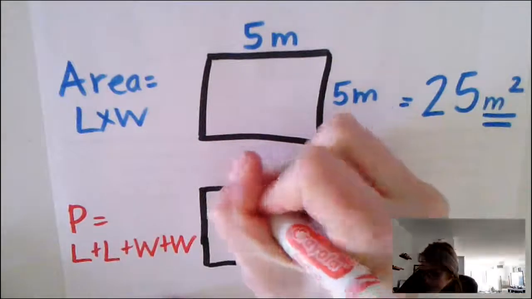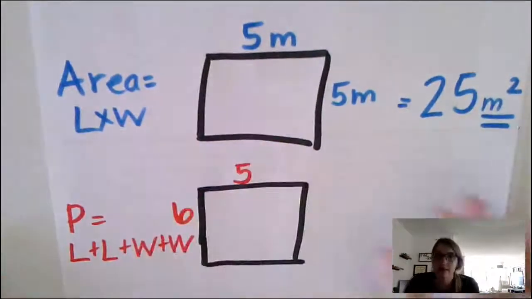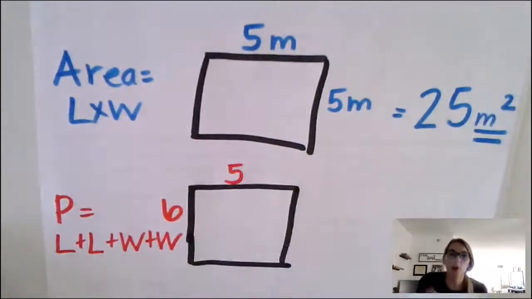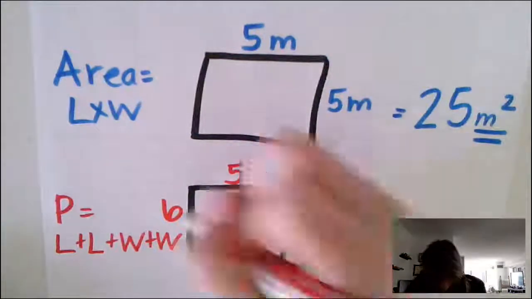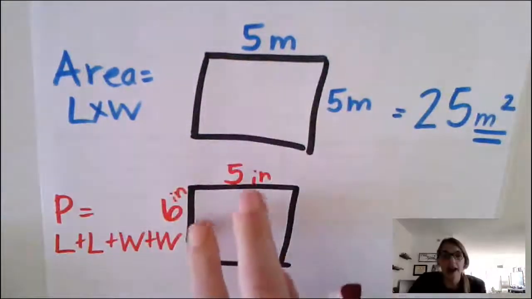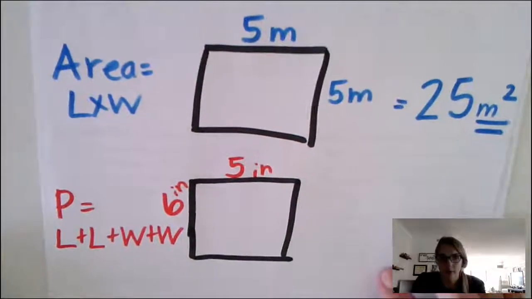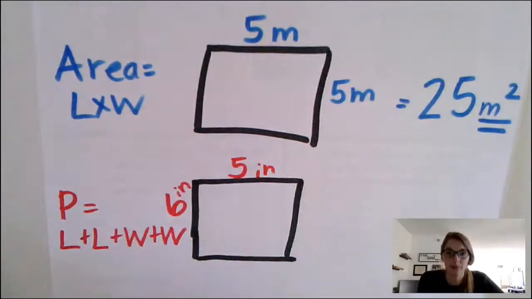So let's say, this is more fourth grade, it gives you 5 here and 6 here. Well, if it's asking for my area, I know that all I have to do is multiply those together. It's 30 square inches. But let's say I need to find the perimeter now, and it only gave me 2 sides. Well, I know that when we're talking about rectangles and squares, the opposite sides are parallel, which means they're the same.